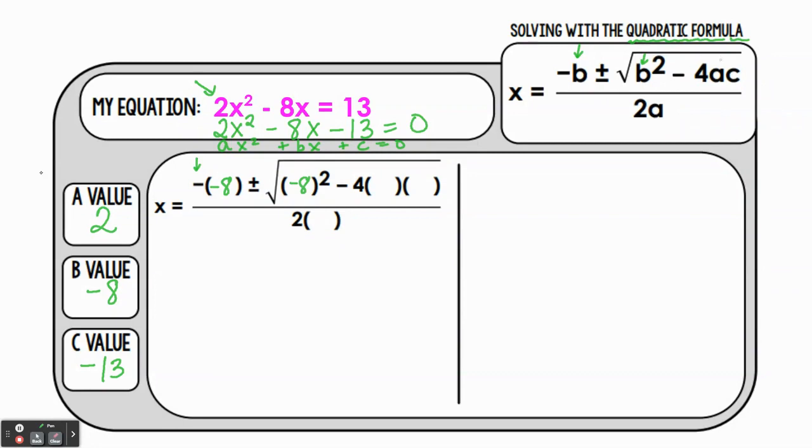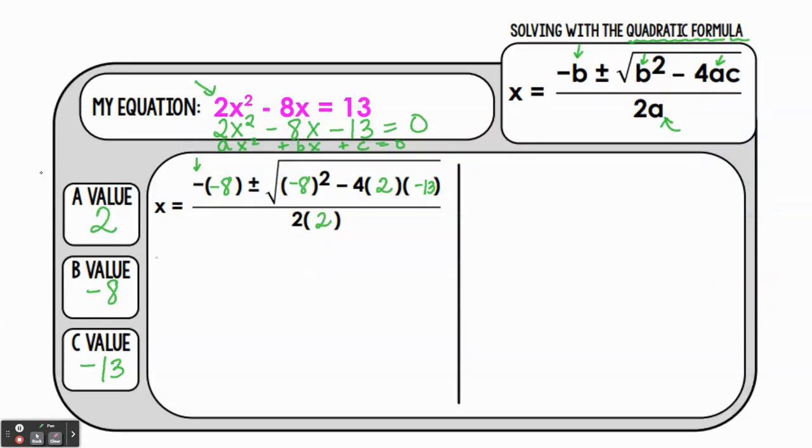And then I've got -4 times a, so I'm going to put my a value in this first parentheses and my c in the second parentheses. Then on the bottom, I've got 2 times a, so I'm going to put my a value in the bottom there. And now I have everything substituted into my quadratic formula.